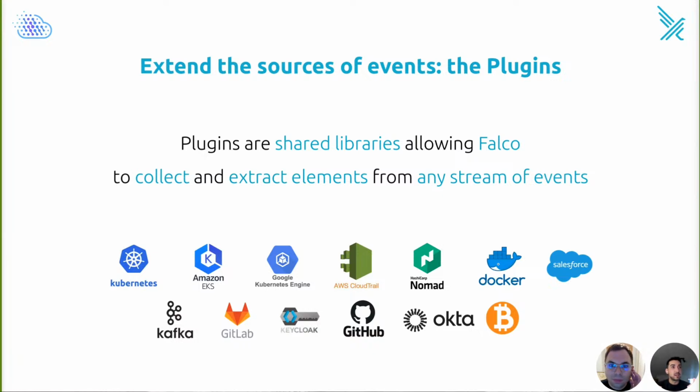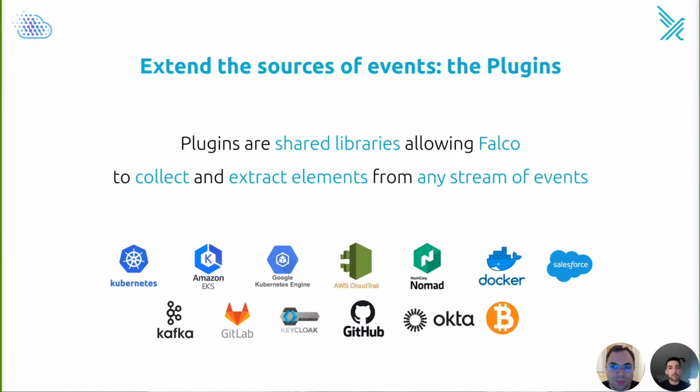So it means you can forward by the syslog protocol all your logs to Falco. And then with some rules, you can detect suspicious things among these logs. That's awesome. We have GitHub, Okta, and for fun, I developed Bitcoin just to show we can subscribe to WebSocket and get real-time events.